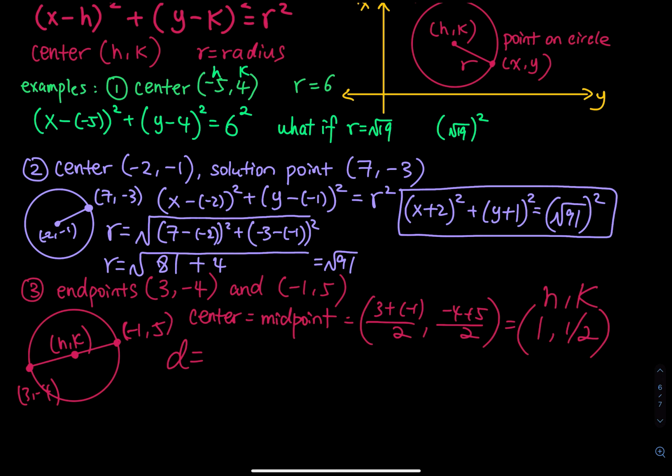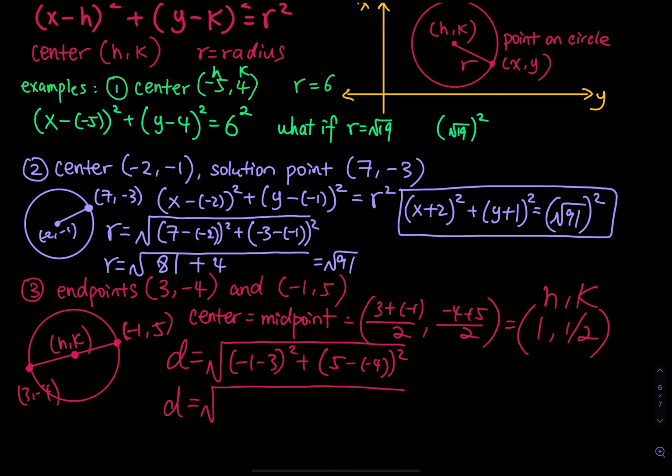The diameter is x2 minus x1, which is negative 1 minus 3, squared, plus y2 minus y1, 5 minus negative 4, squared. So the diameter equals, this is negative 4, negative 4 squared is 16, and this is 9 squared is 81. So 81 plus 16, you have 97. So this equals the square root of 97.